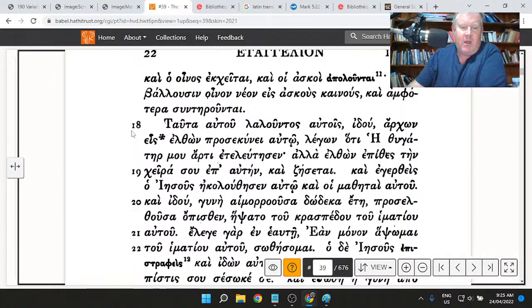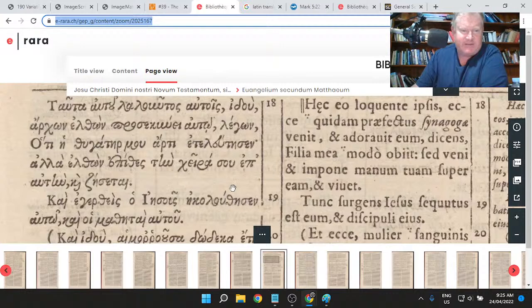But Scrivener felt that when he read the King James, he thought, hang on, they've actually deviated from Theodore Beza and added ice into their underlying text. So I'm going to put that in there. Is this something that he should have done? See, it has idou archon there.